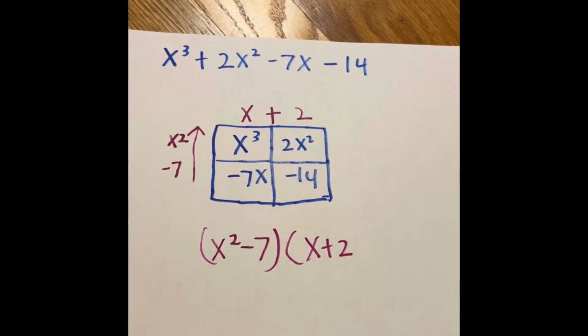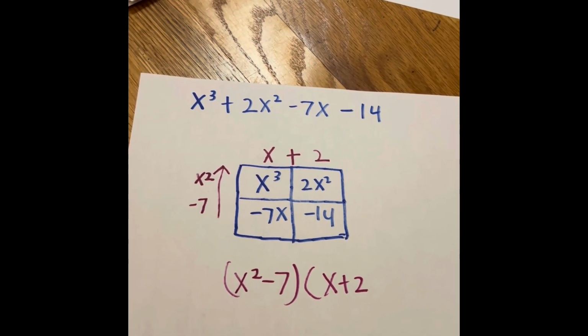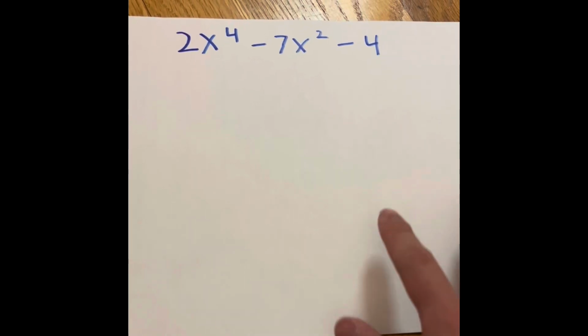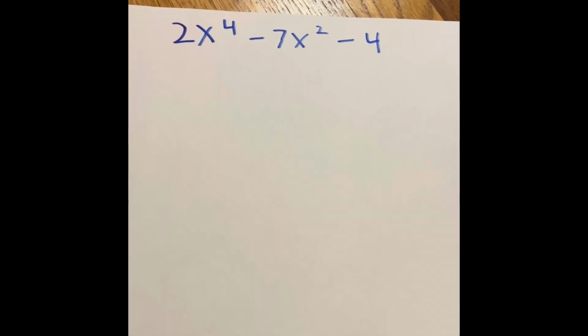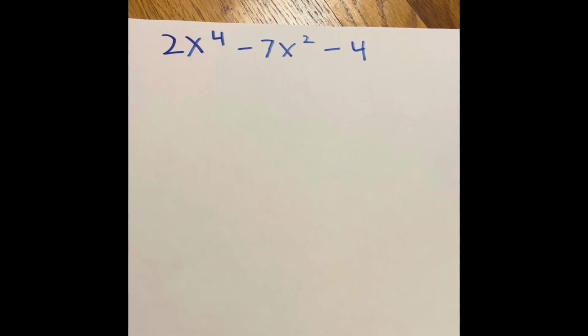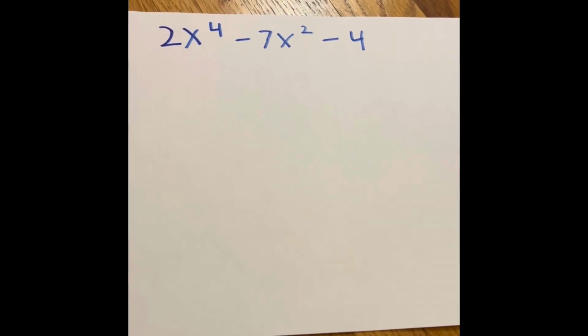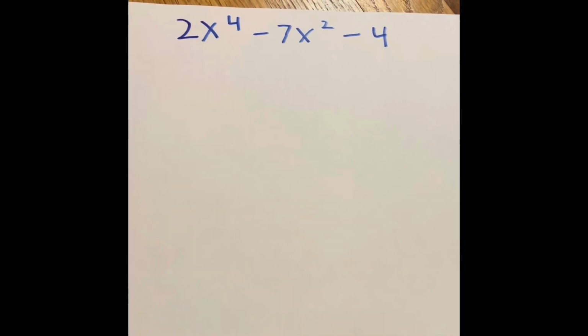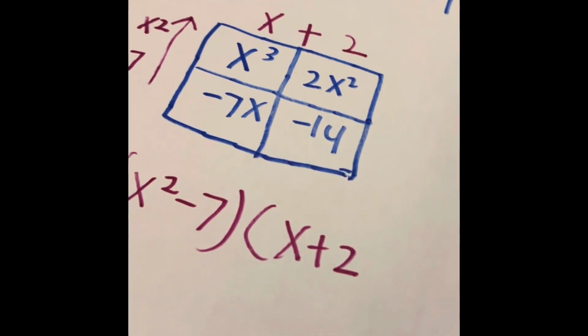Let's try to solve one more problem and do it the other way and see how it works the same way. So right over here, we have 2x to the power of 4 minus 7x to the power of 2 minus 4. But there is a problem. The box method, which we used earlier in the last problem, has 4 squares.